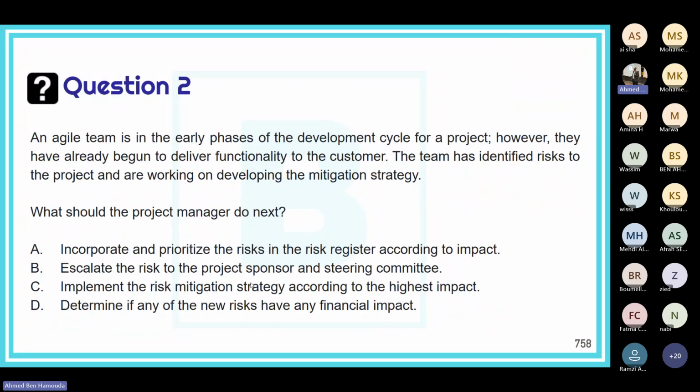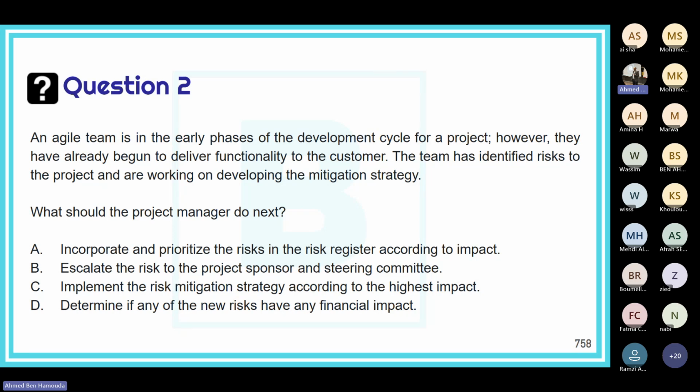An agile team, and by the way, guys, risks happen in waterfall, agile, and even in hybrid projects, not just in waterfall. That's something I talked about before, and I told you that many people working with agile approaches often forget to manage risks: to identify, handle, and evaluate risks.